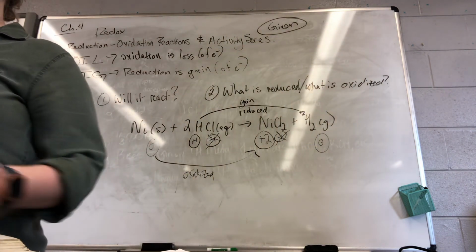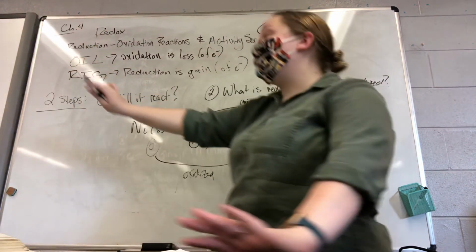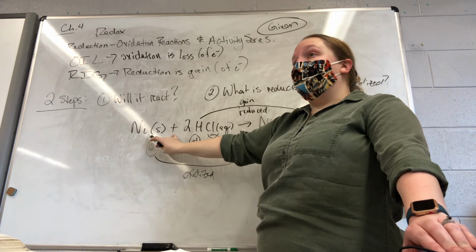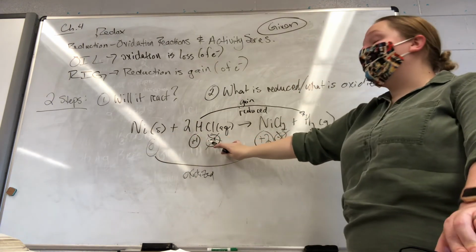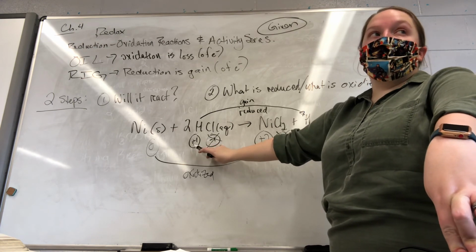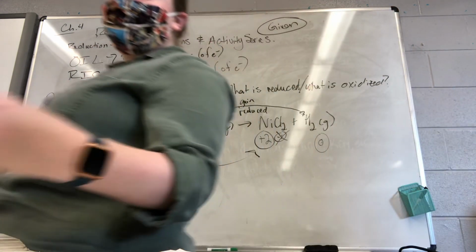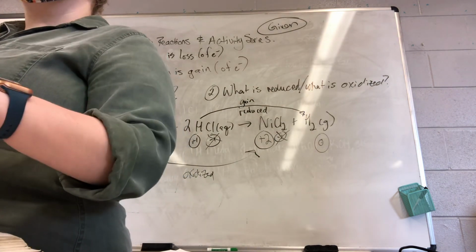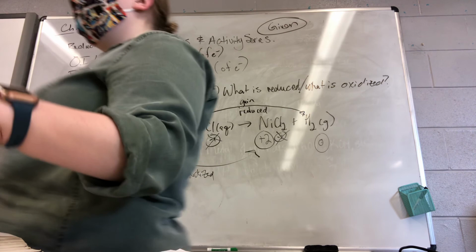below it. So first thing we're going to do is locate the thing on the left that is in its elemental form. Then we're going to locate the thing doing the oxidizing to it, which is going to be the hydrogen atom. On my activity series, I've got nickel above hydrogen, which means, will this occur?